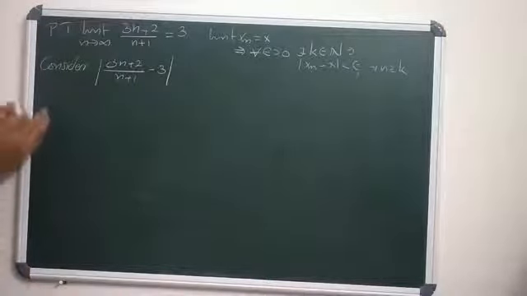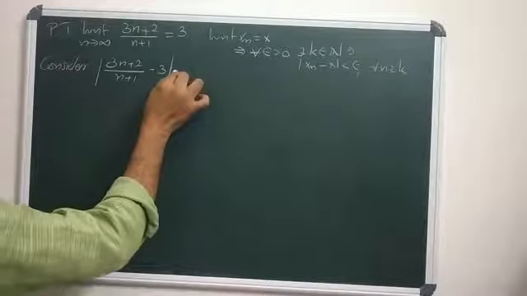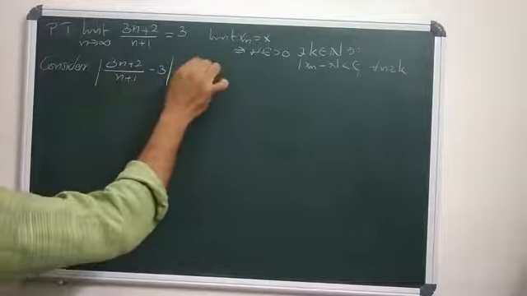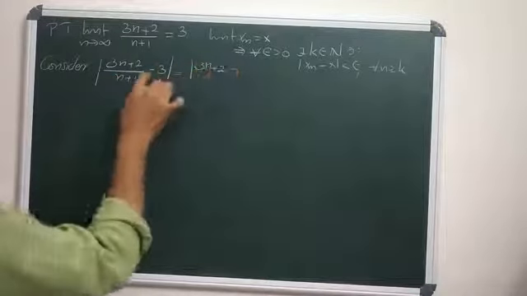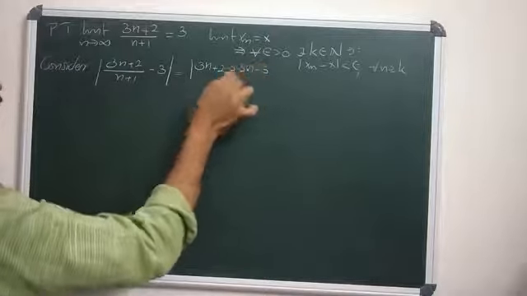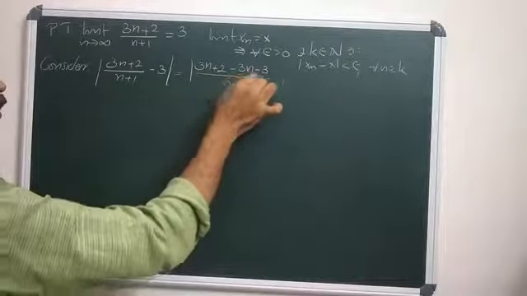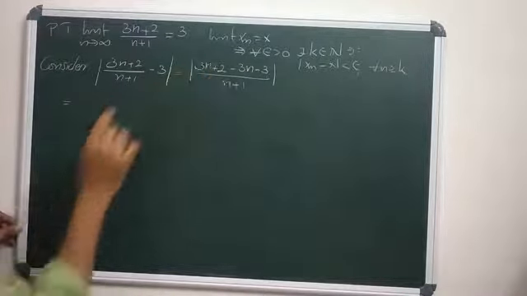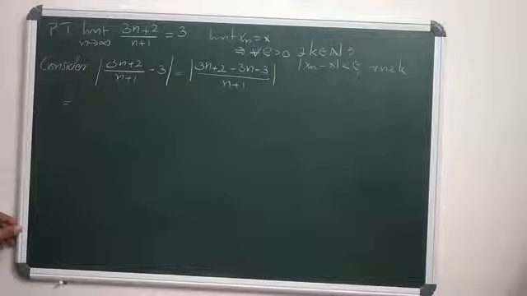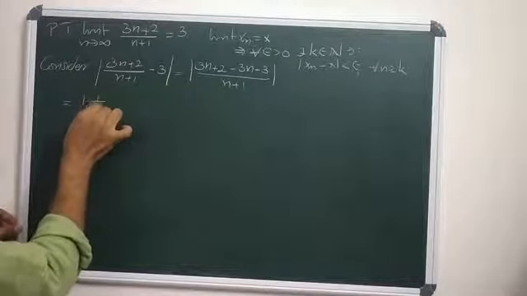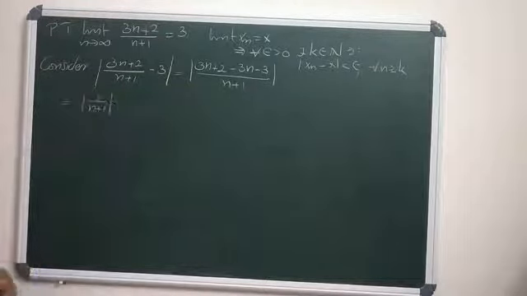So first we consider (3n + 2)/(n + 1) minus 3. Taking the LCM, it is (3n + 2) minus 3 times (n + 1), that is minus 3n minus 3, divided by n + 1. The 3n and 3n cancel, 2 minus 3 is minus 1, so it is minus 1 by n + 1.